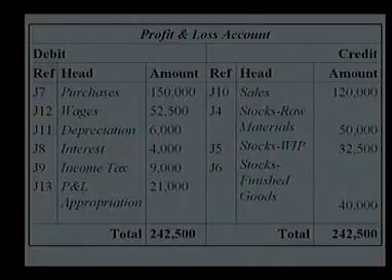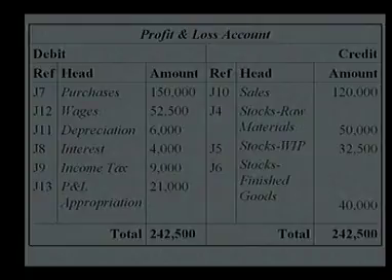Earlier this entry was written as profit and there was no journal entry corresponding to that, but now we have a journal reference of J13. This you please note down, and this is shown under profit and loss appropriation. So 21,000 profit and loss appropriation has been made.